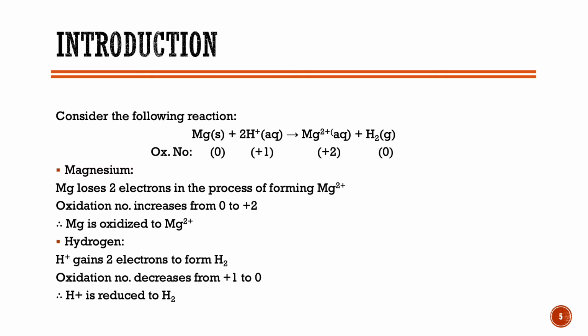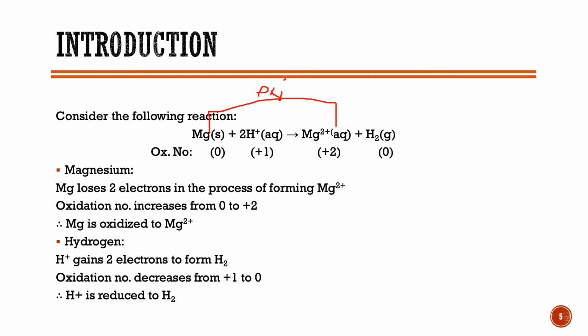For Mg, the ON changes from 0 to +2. Since magnesium is a neutral atom, the ON is 0. When ON is increased, this is an oxidation process.